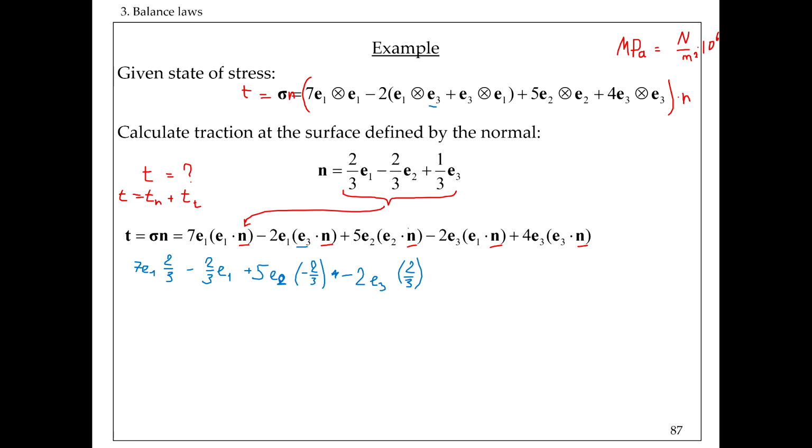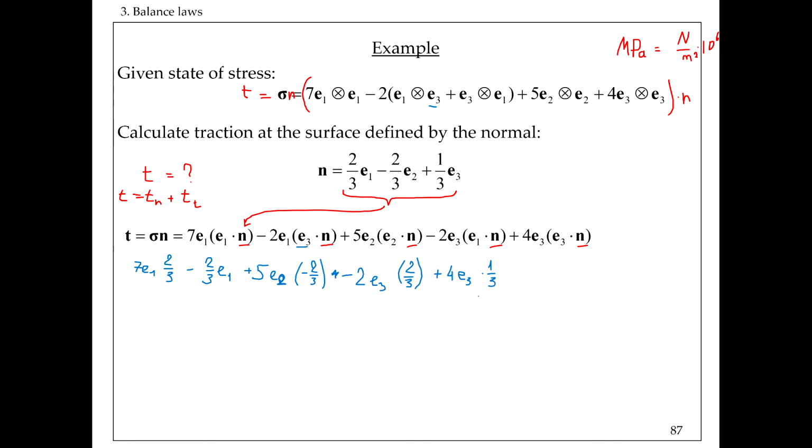Then the final, fifth term is 4e3. Now we multiply e3 with n, and we only have 1/3 here.